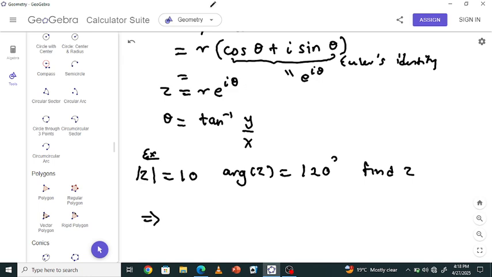So we have z, we are expecting z is equal to r into cos theta plus I sin theta. And you know the modulus of z is equal to r.